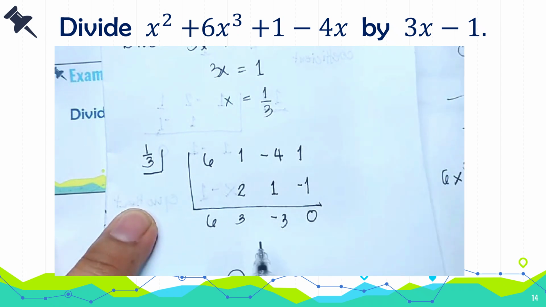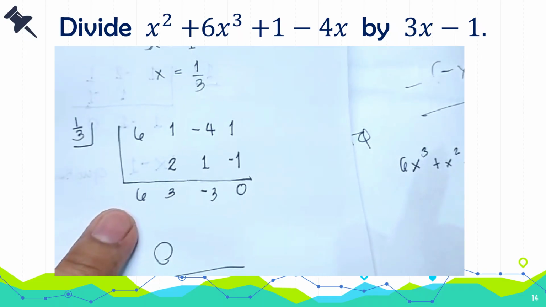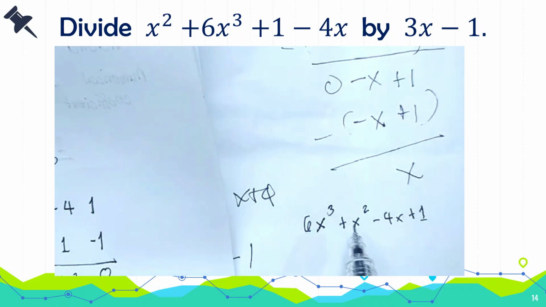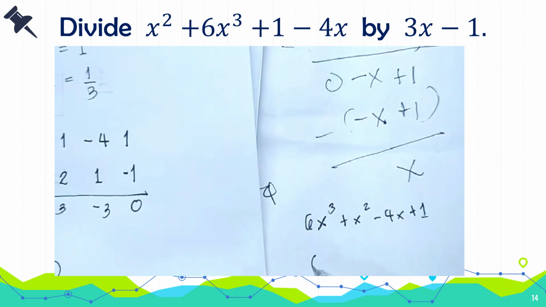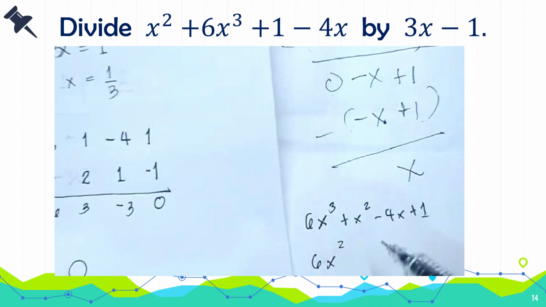Now, how do we rewrite this to our final answer? Let's subtract one exponent and proceed to the other. So we will have here 6, but with the exponent of 2, which is 3 minus 1 from the original. Next is 3, positive 3.